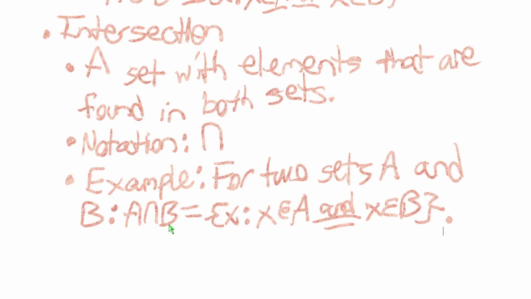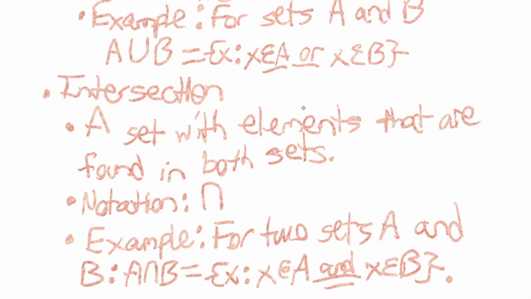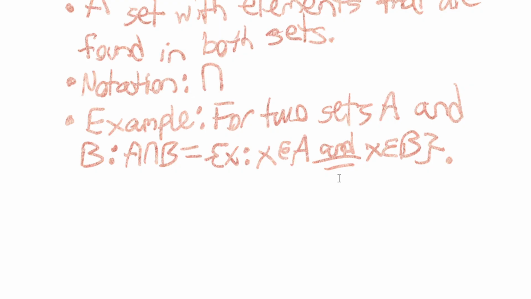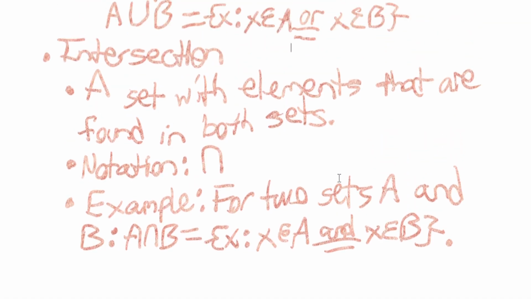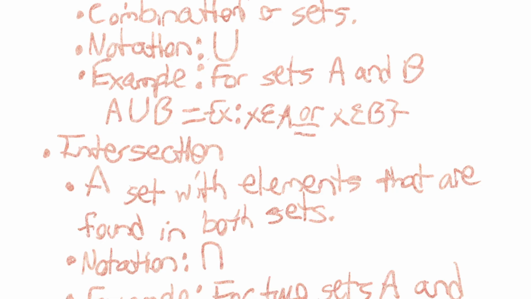And the reason you may notice that I've underlined the words and or for union and intersection, is that the word or is used for union because we have elements of A and B, and then we have the word and for intersection because we have elements that are contained both in A and B. Sorry, I said that wrong.